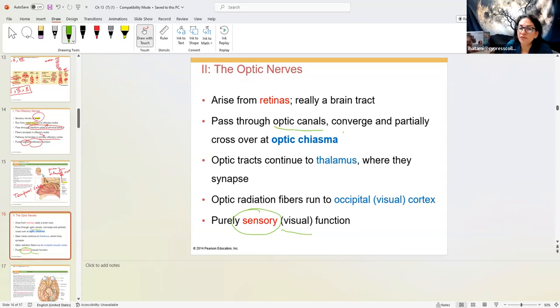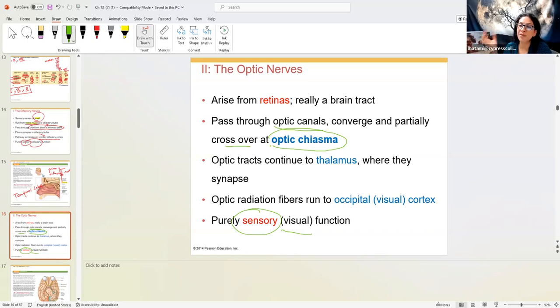and then they converge and partially cross over at the brain and make the structure called the optic chiasm. And then after the optic chiasm, we have the optic tract. Before sending all of the information to the sensory area of the cortex, which is our visual cortex, the occipital cortex, we have to send all of this sensory information to the thalamus.